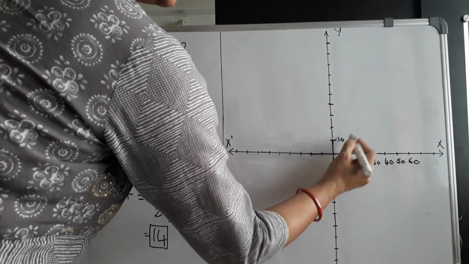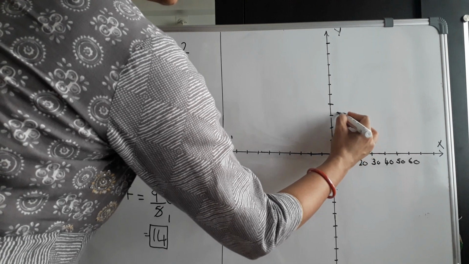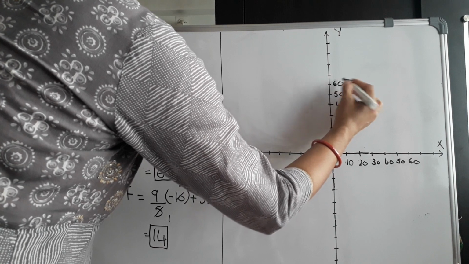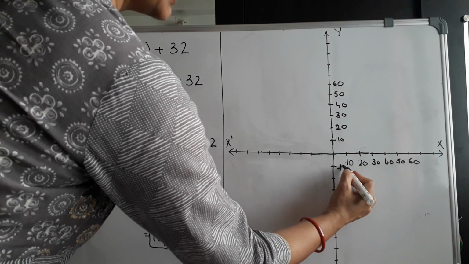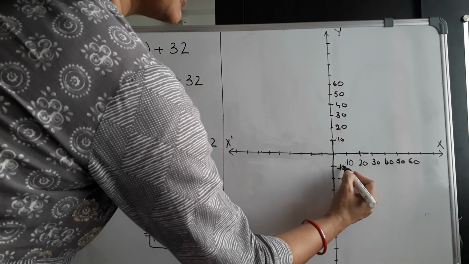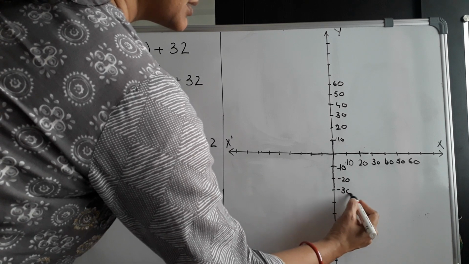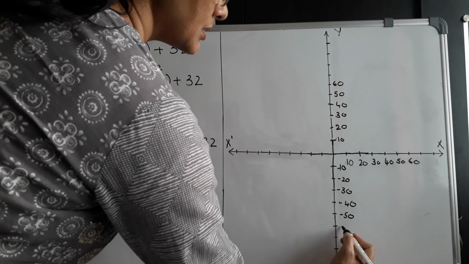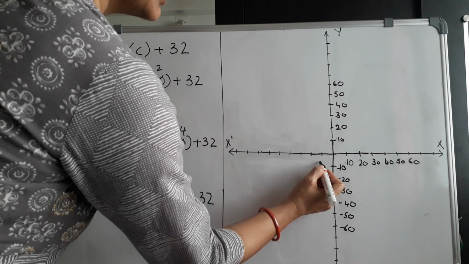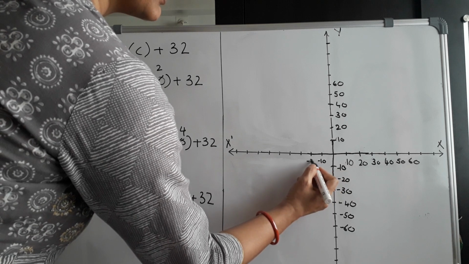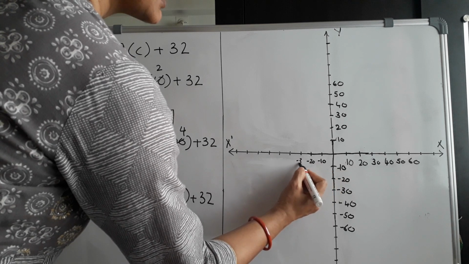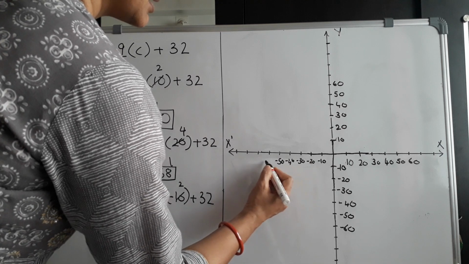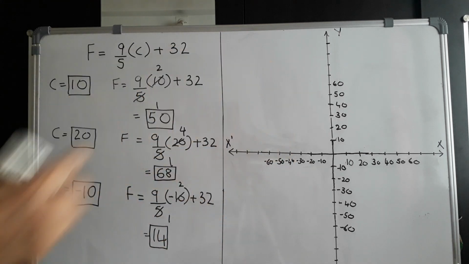Same way here, 10, 20, 30, 40, 50, 60. Same way here, minus 10, minus 20, minus 30, minus 40, minus 50, minus 60. Here same way, minus 10, minus 20, minus 30, minus 40, minus 50, minus 60 and so on.